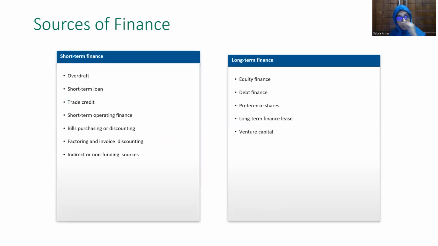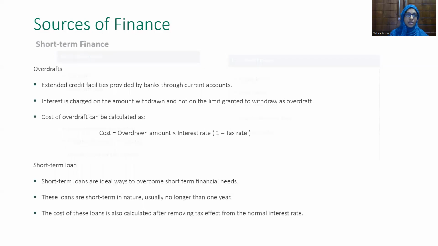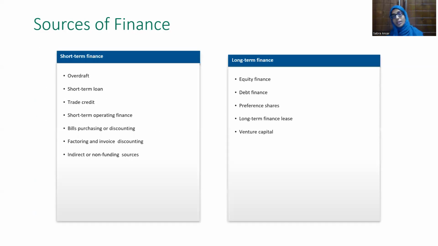Now, moving on, we have two types of finance we are going to talk about: short-term finance as well as long-term finance. Short-term finance, when we talk about sources of finance, is basically the overdraft or different types of short-term loans.